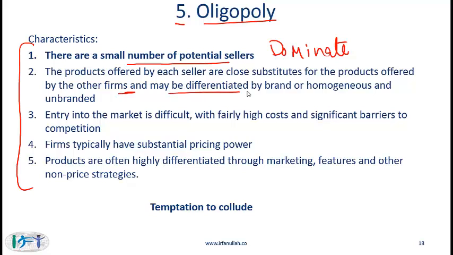These products may be differentiated by brand. For example, if you take Coke and Pepsi, the products are differentiated by the brand. It is also possible that the products offered by the different firms in an oligopoly market are homogeneous and unbranded.